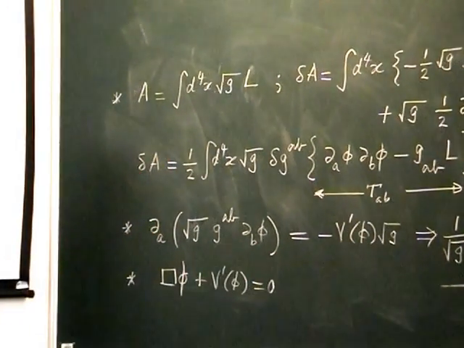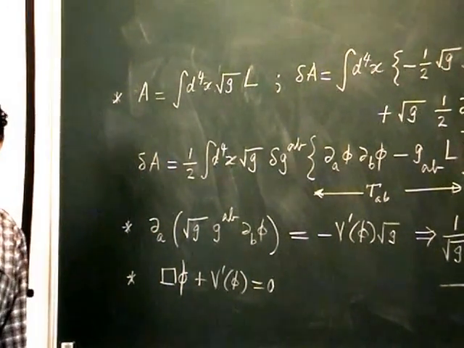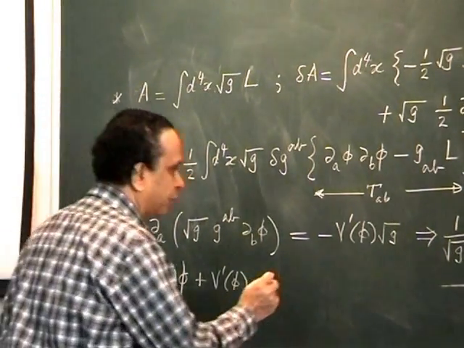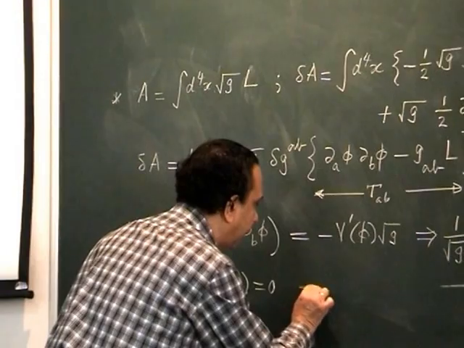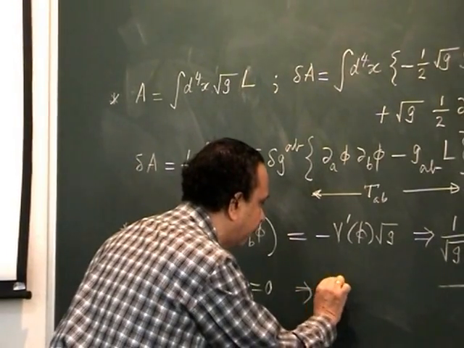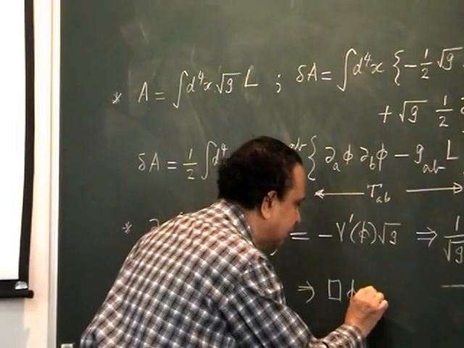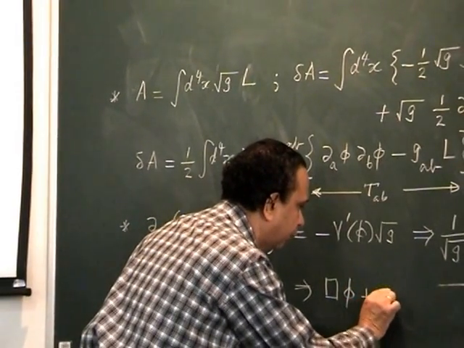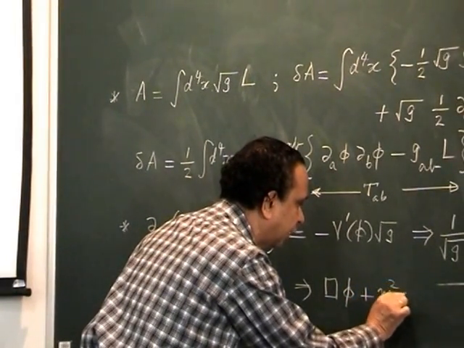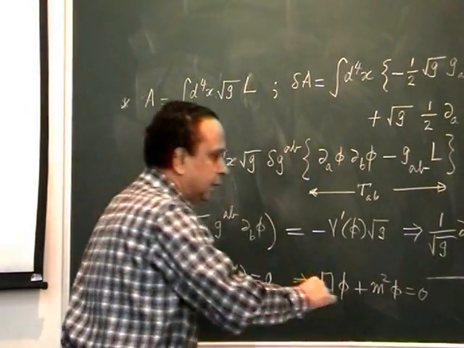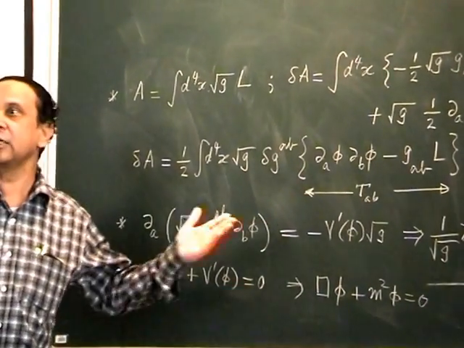Going one step further, if V was just half m square phi square, this is going to give you the equation which is box phi plus m square phi equals 0. This is the so-called famous Klein-Gordon equation.